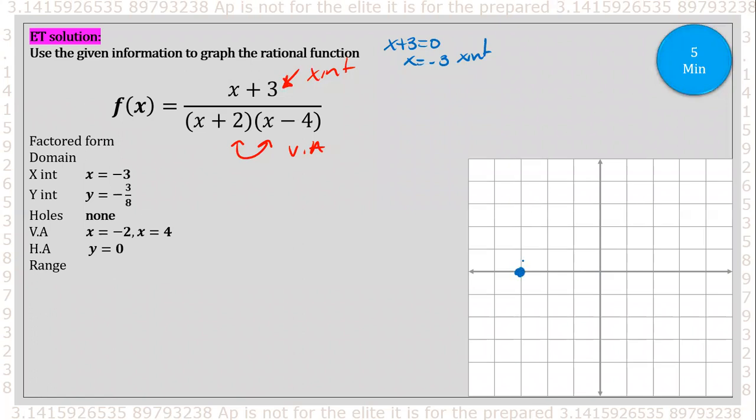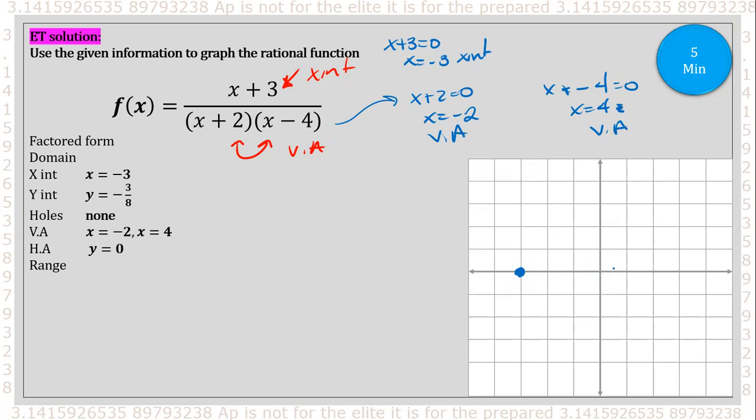I can see that there is a vertical asymptote in these two terms, so I'm going to write them over here. I got x plus 2 equals 0, so x equals -2 is a vertical asymptote. And x minus 4 equals 0 gives me x equals 4, another vertical asymptote.